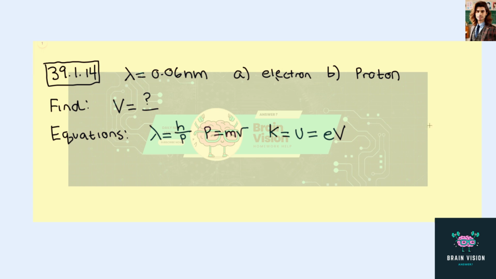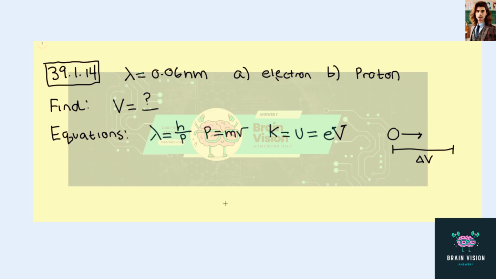And for particles being accelerated through a potential difference, we can note that the particle starts from rest, and so its kinetic energy will be equal to the potential energy gained through this potential difference, which is simply the charge e times the voltage, delta V. Note this is not electron volts, this is the electron charge times the voltage. And the reason we're using e for the electron charge is because it works for both electrons and protons. They have the same charge.